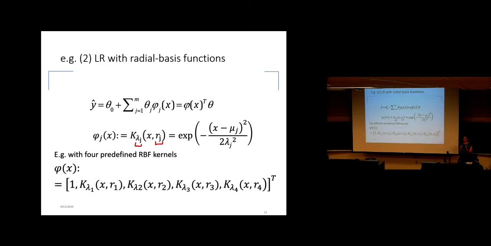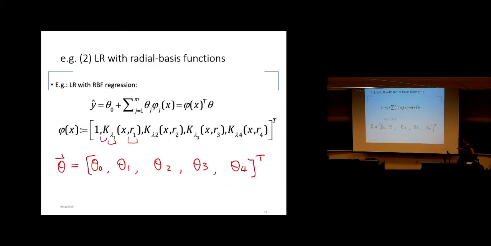You need to define it in this type of predefined basis regression. So let me write the theta again. Because there are 1, 2, 3, 4 bases plus the intercept, you have a theta with theta 0, theta 1 until theta 4, a totally 5-size vector theta to derive from data.